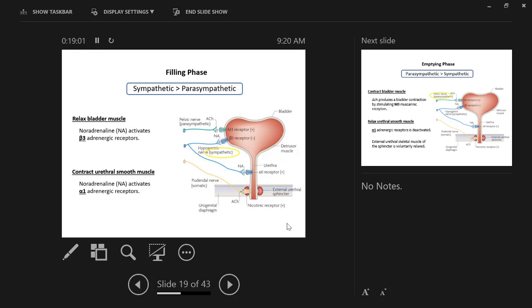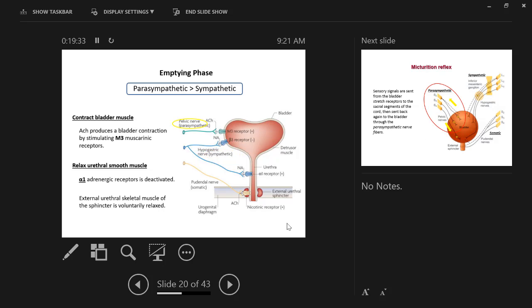That way, because it says plus, it contracts this side. So basically, the bladder is more relaxed, and this is very contracted. That way, it's easier. The urine will be filled inside the bladder. That's the filling phase. So once again, sympathetic nervous system is dominant.